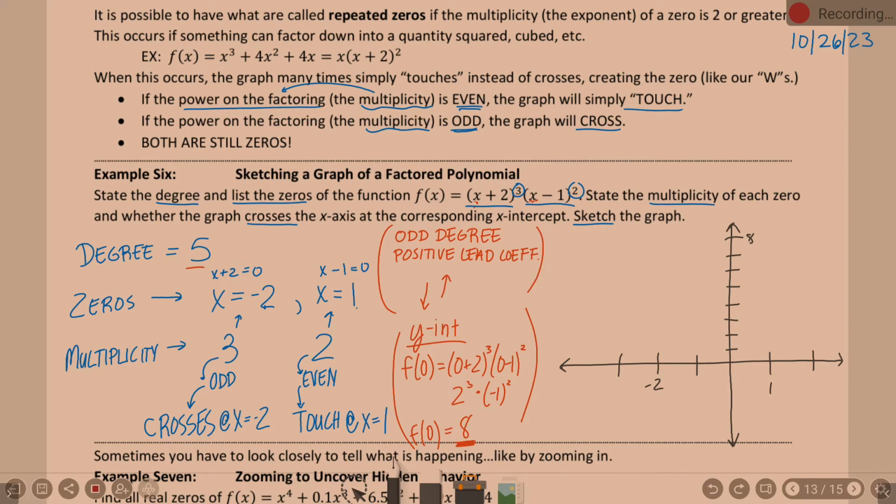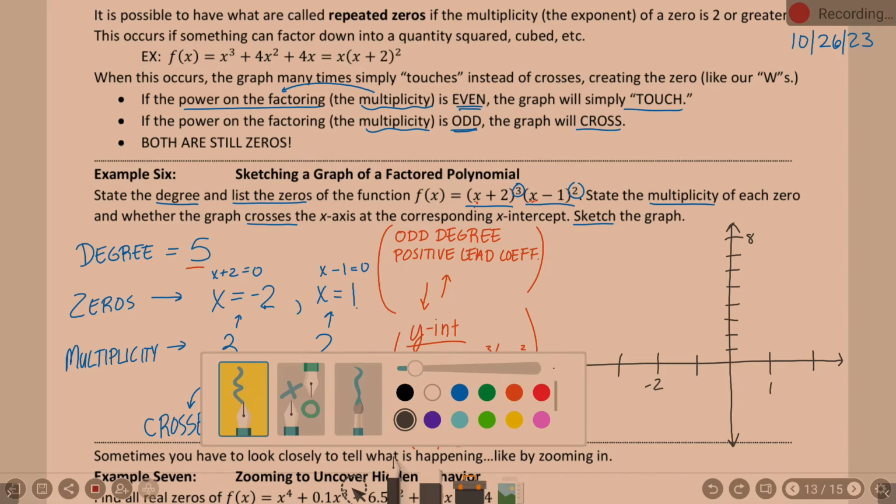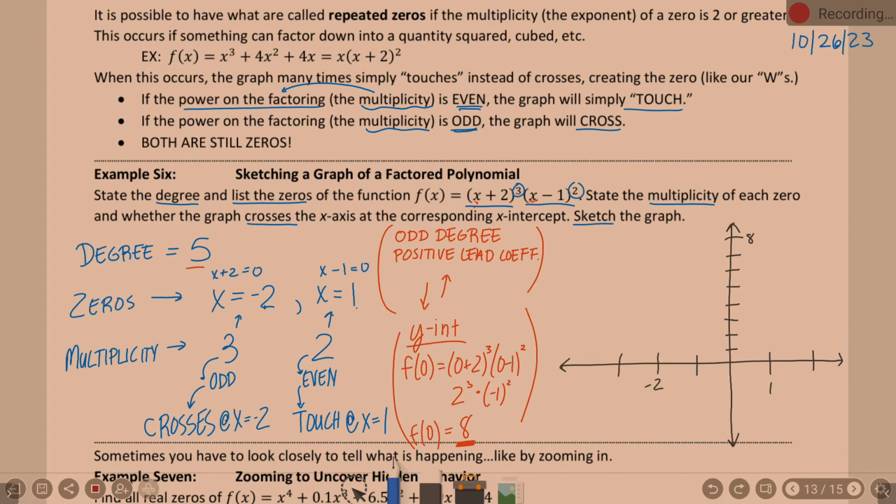I don't think I know any other information than that, but okay. Ready to put this graph together? My graph has zeros at negative 2 and 1. So somehow or another, my graph is going to intersect at negative 2 and 1, yes? Okay, that's something I know.